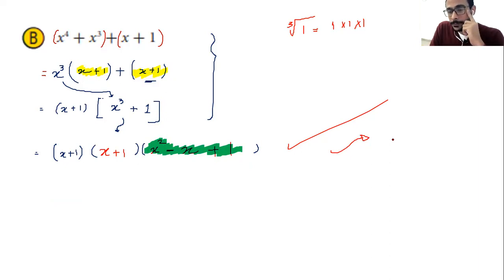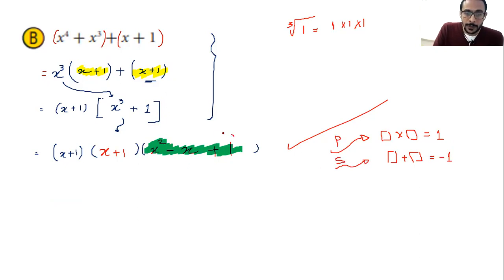There are no two numbers whose product is 1 and whose sum is negative 1. The product is here always and the sum is in the middle. The product of them is 1 and 1 only. 1 and 1 gives 1, but adding them gives 2, not negative 1. Negative 1 and negative 1 gives negative 2. And one of them positive and the other negative doesn't work. So it's not factorable, so leave it like this.